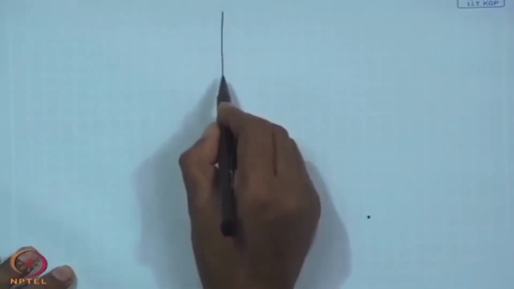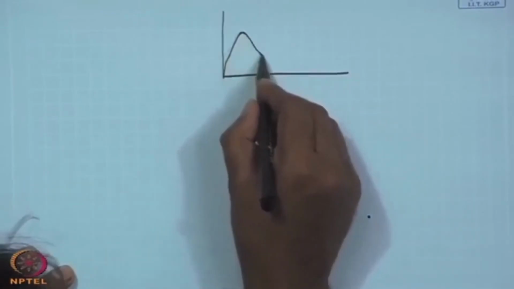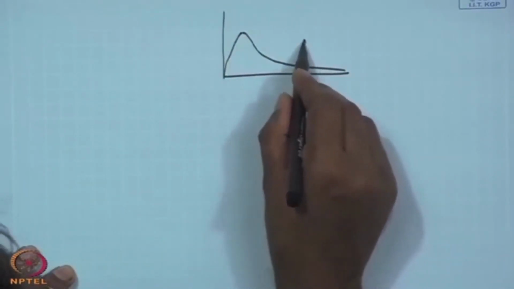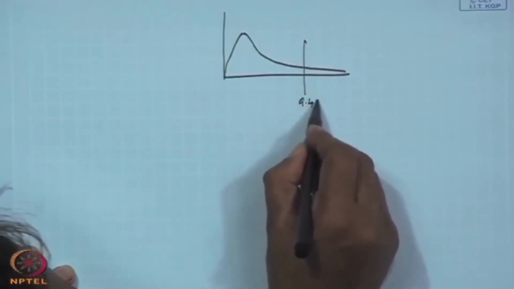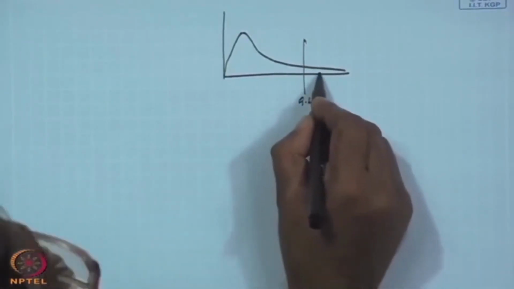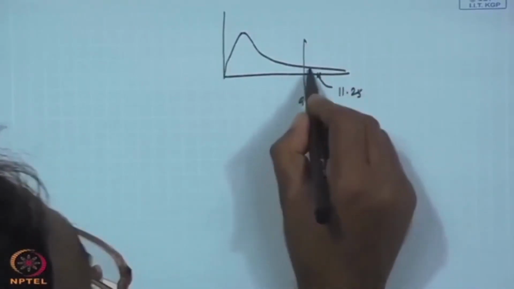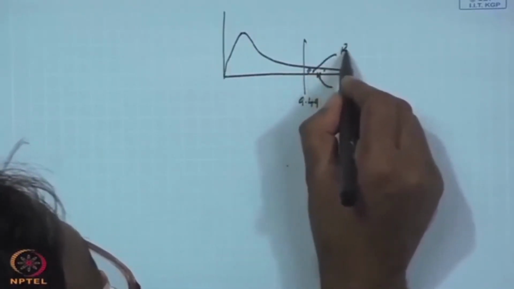So, the statistic value is more than the tabulated value. Your case is coming like this. This is my tabulated value 9.49 and my computed value is here, 11.25. This is the zone of rejection.